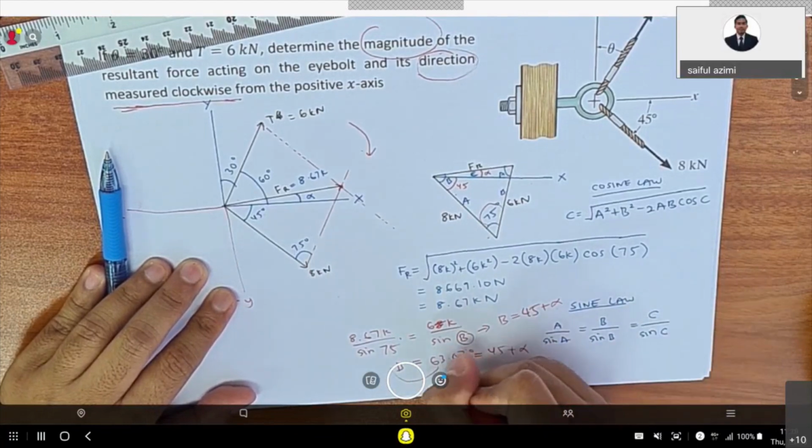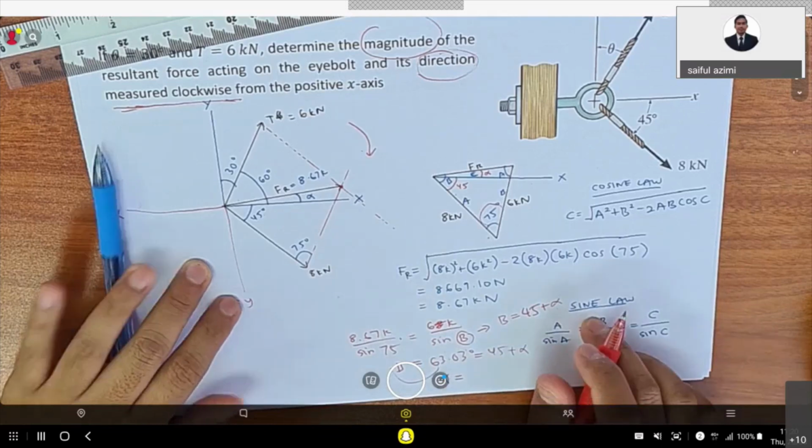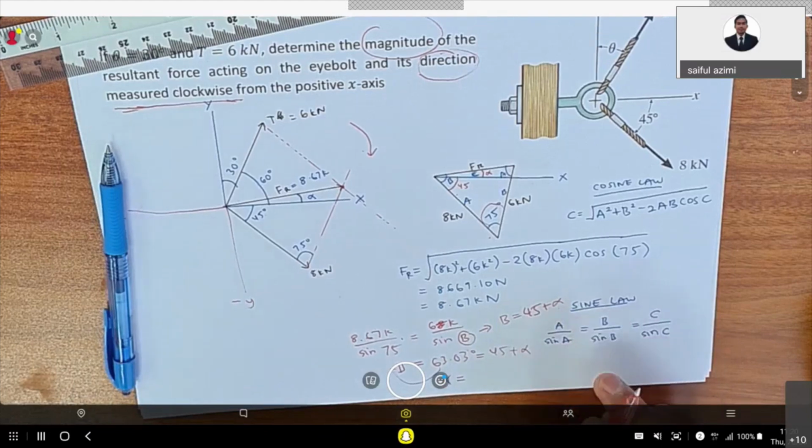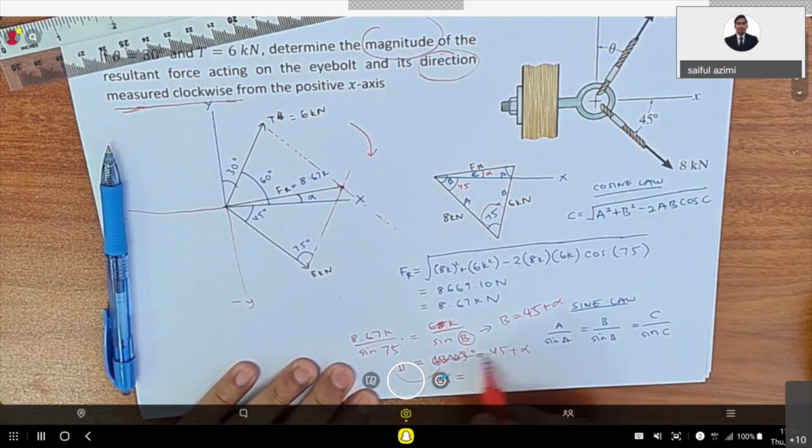So the value of alpha that you will get is... oh, sorry, I have a little mistake here. So this is not the answer. You can calculate by yourself.